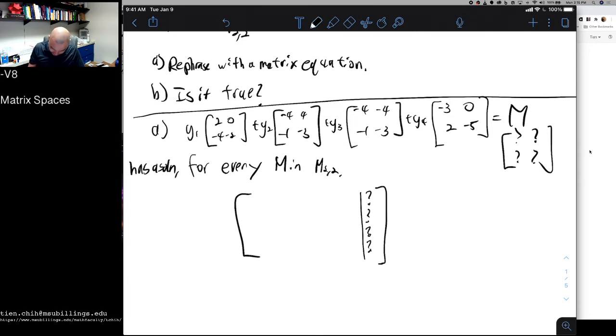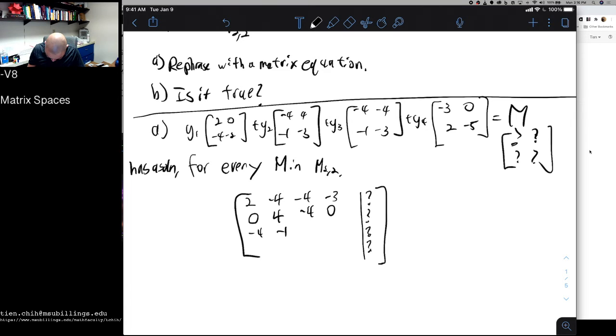So in other words, 2y1 minus 4y2 minus 4y3 minus 3y4, that should be the same thing as this first question mark, right? And so on and so forth. Top right, 0y1, 4y2, minus 4y3, 0y4 should be the top right here.